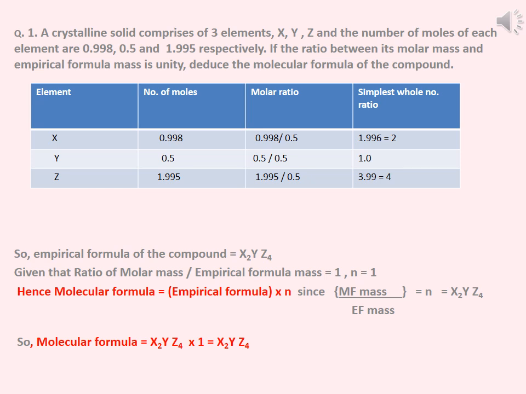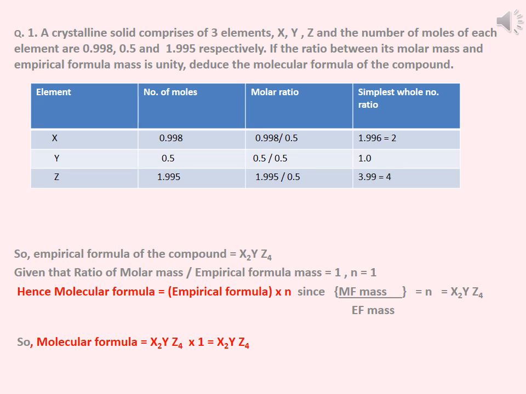Empirical formula is the simplest whole number ratio between atoms of various elements present in one molecule of the compound. But molecular formula shows the actual number of atoms of various elements present in a molecule of the compound.